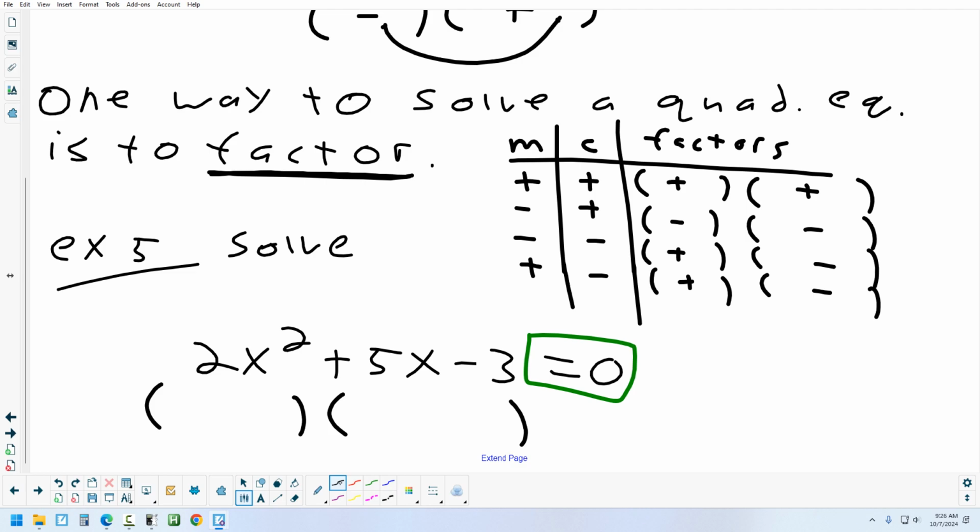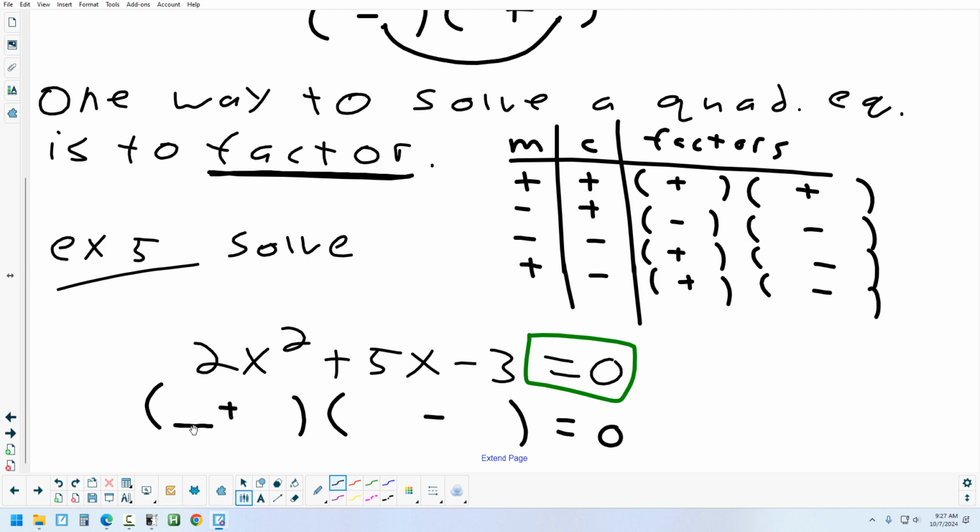All right. So what's going to be my signs inside the parentheses based off of the middle and the constant? Right, it's going to be a positive and a negative. It might be positive, negative, it might be negative, positive. We might have to switch it. It just depends on what we use for numbers.